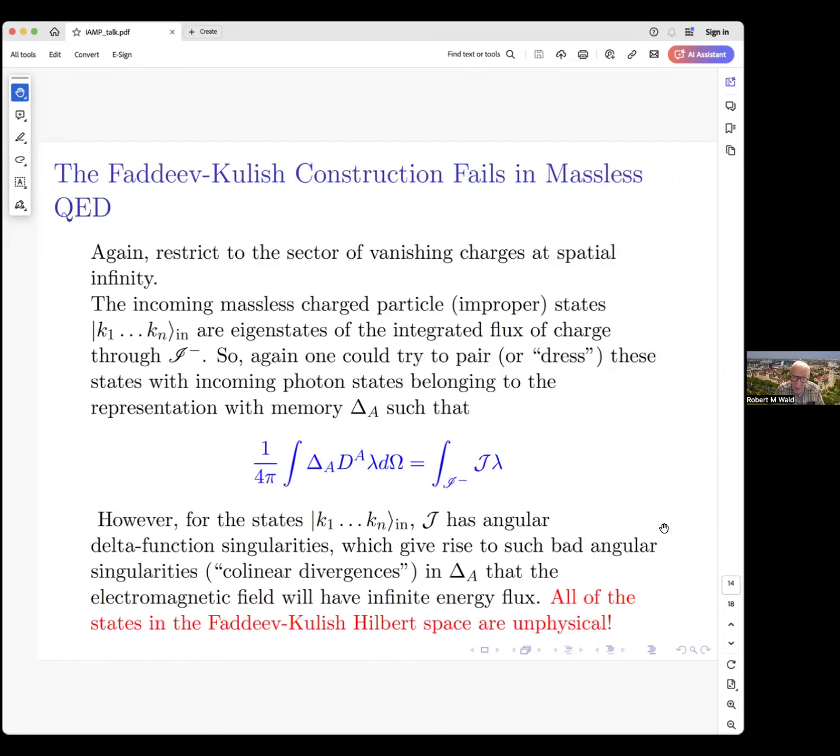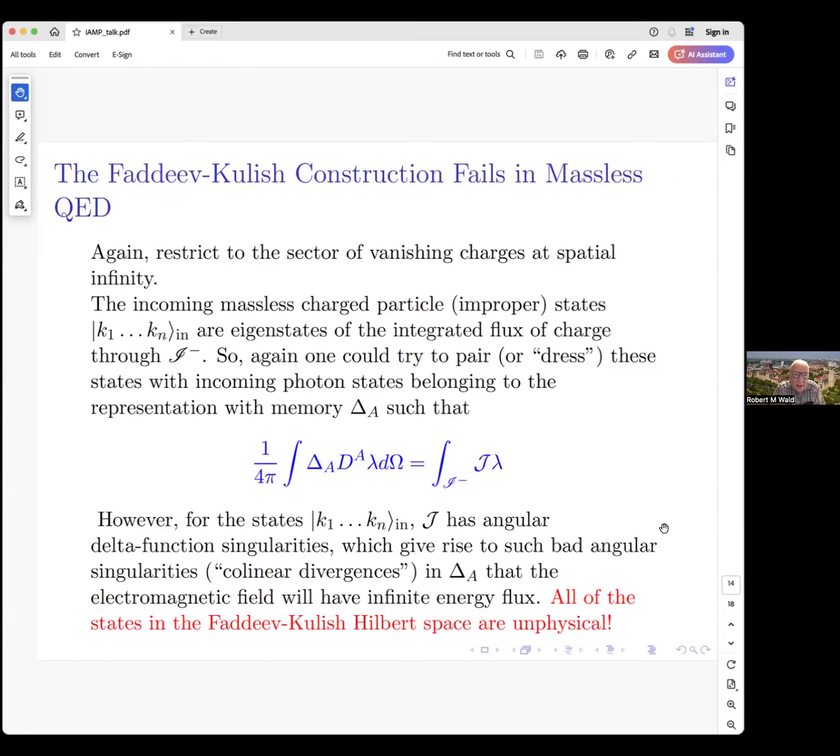Okay, but now I want to point out that, as I just said, that is a satisfactory way, at least mathematically, of doing scattering in massive QED.